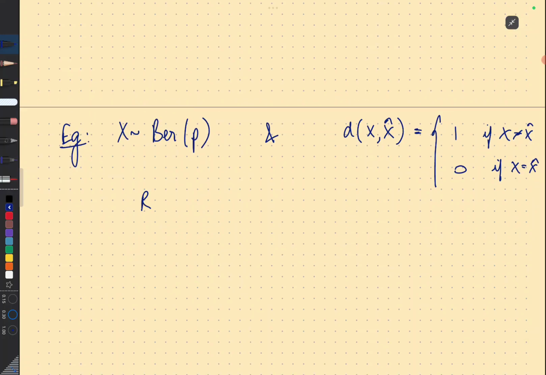So for this, R star of D is the minimum of the mutual information.